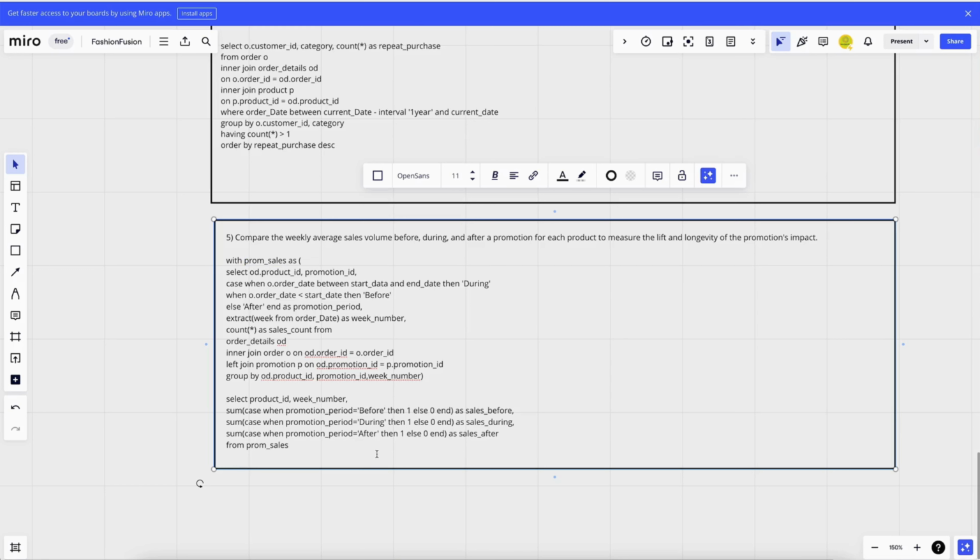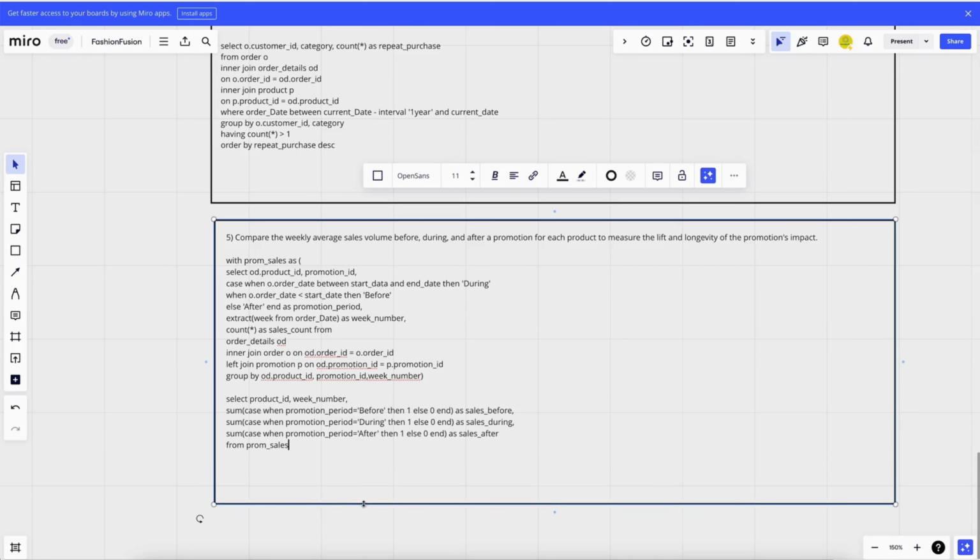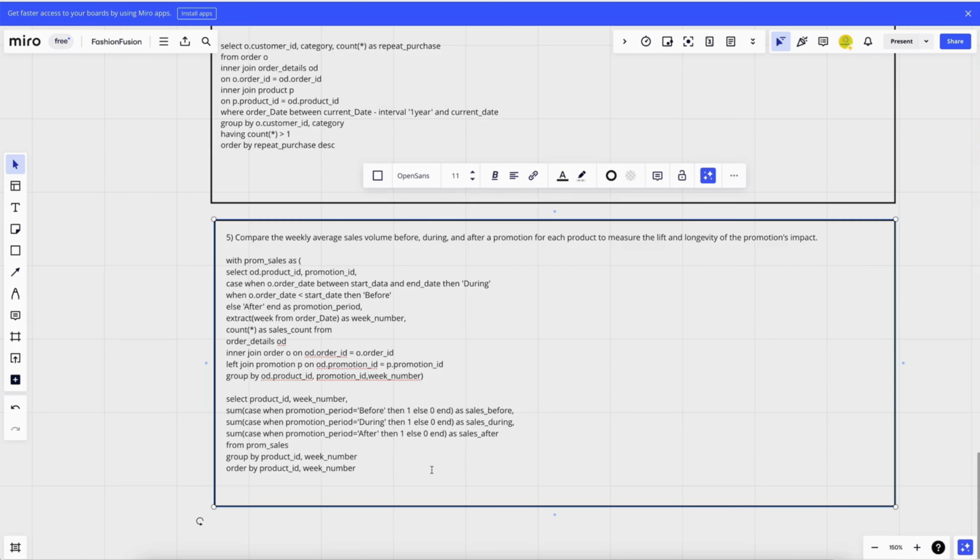From this table, the CTE table, which we created, and do a group by on product and week number. Just say order by. This seems to be a big query, but when compared to the other queries, this is very easy and straightforward. So this will be the solution for our fifth query.